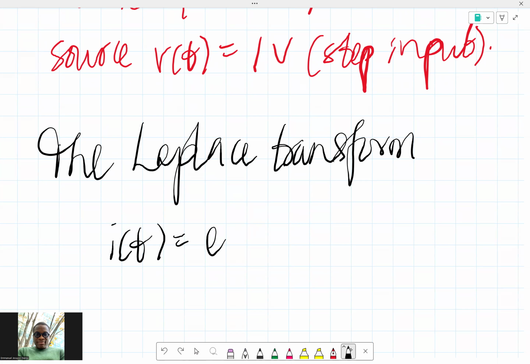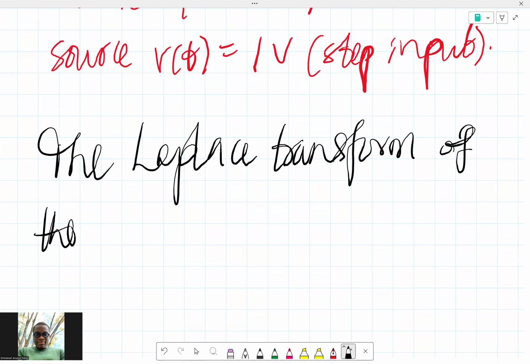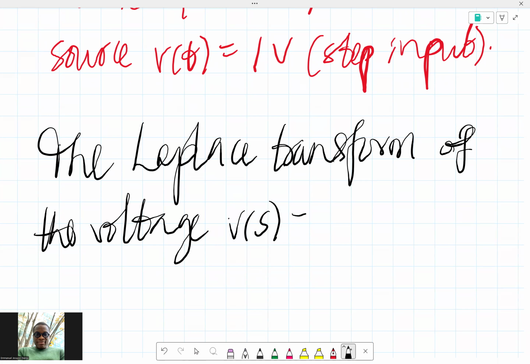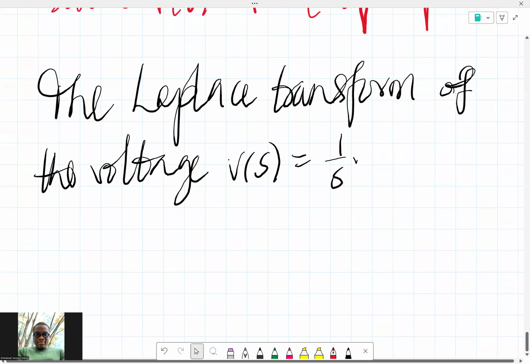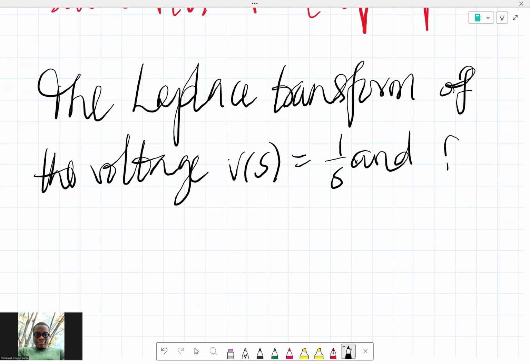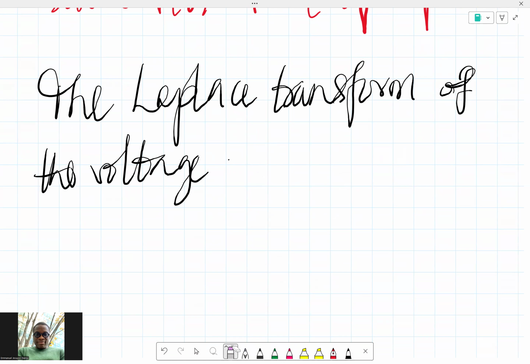Okay, the Laplace transform of the voltage, V(s), is equal to 1 over s because the voltage is 1. Let me, the Laplace transform for the voltage is V(s) equals 1 over s.